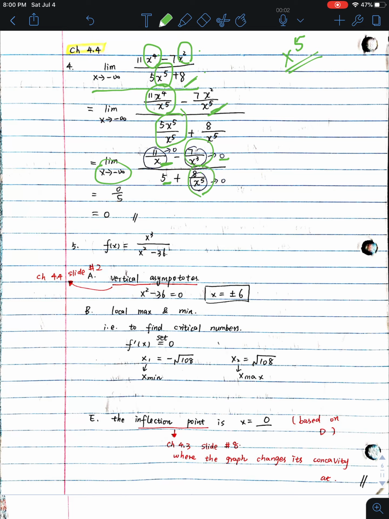The same for 8 over x to the power 5, so this term also goes to 0. So what's left is 0 divided by 5 plus 0. So it's 0 over 5, which is 0.